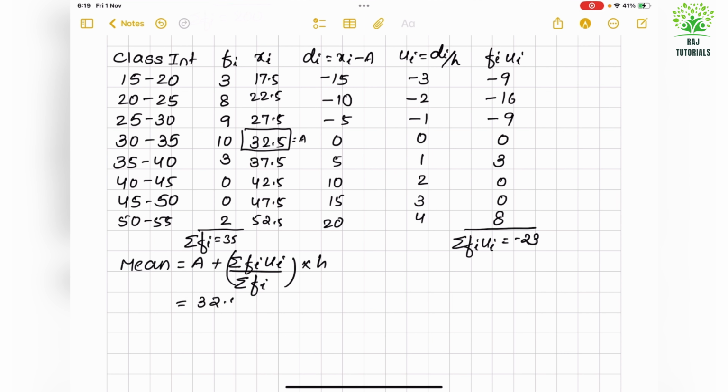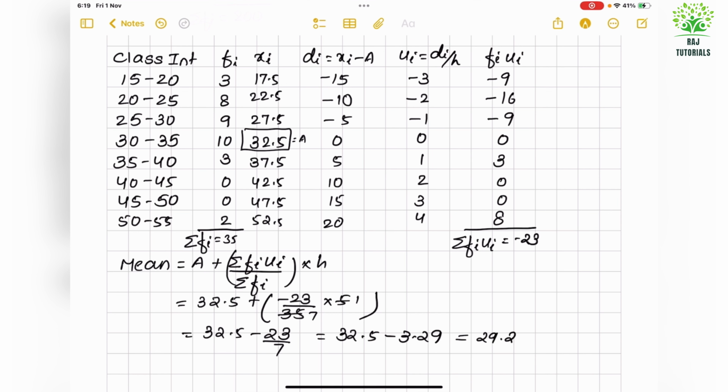So that is 32.5 plus minus 23 upon 35 into 5. So I have cut that both. So 32.5 minus 23 upon 7. If I divide, it is coming 3.29. So mean came as 29.21.